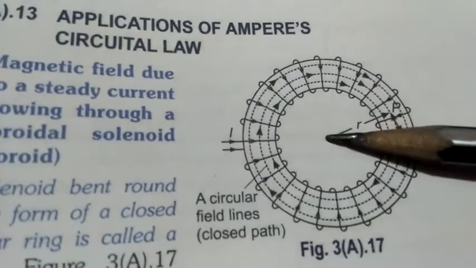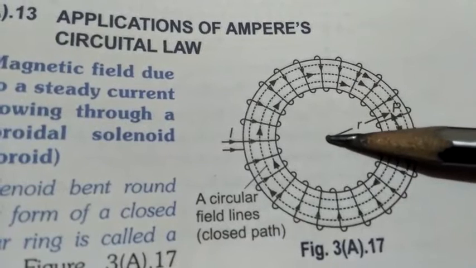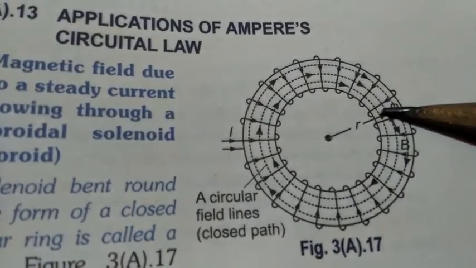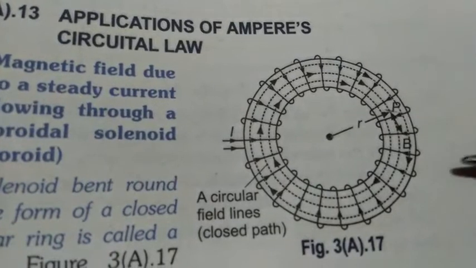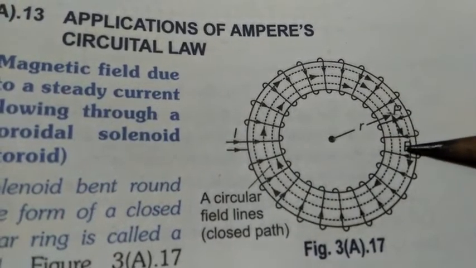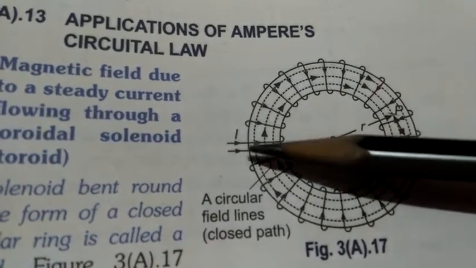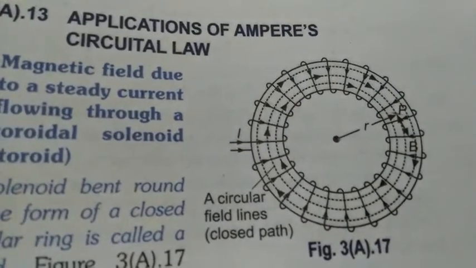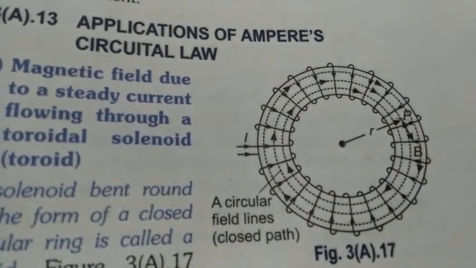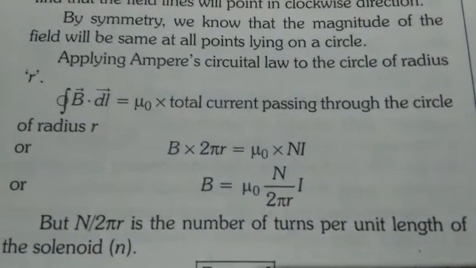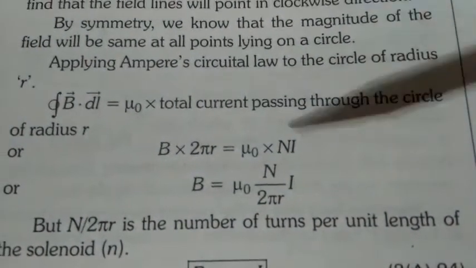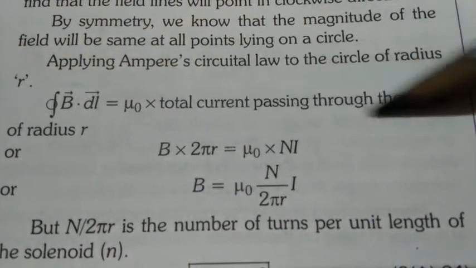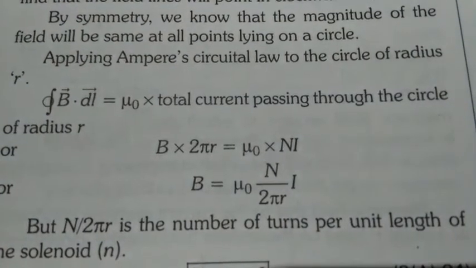Here r is the distance from the center of the toroid to the point P where we will find out the magnetic field. Here B is the magnetic field, and I is the current flowing in the toroid. Suppose in this toroid n number of turns are there. When we apply Ampere's circuital law in the toroid, B into dl equals mu naught into the total current passing through the circle.